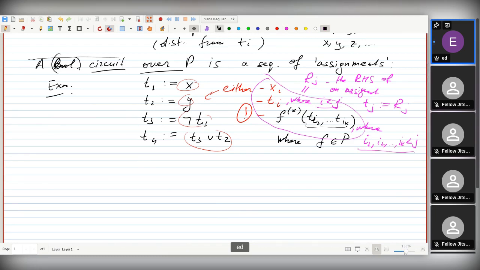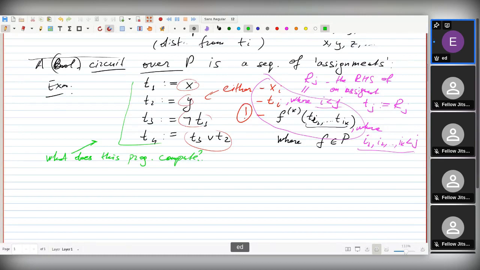Is this idea clear? So, it is a program. What does it compute? What does this program compute? Which function?